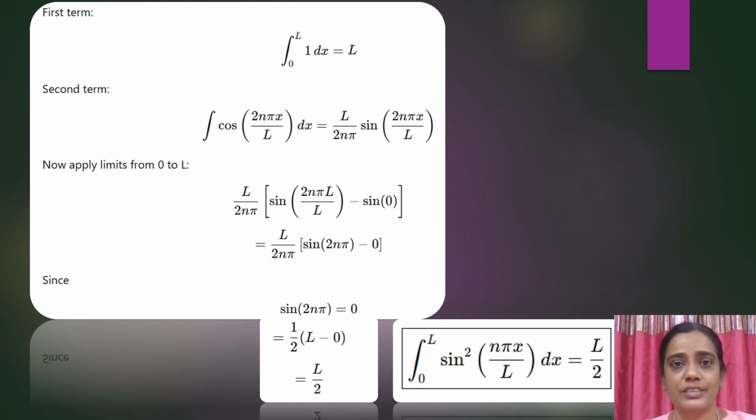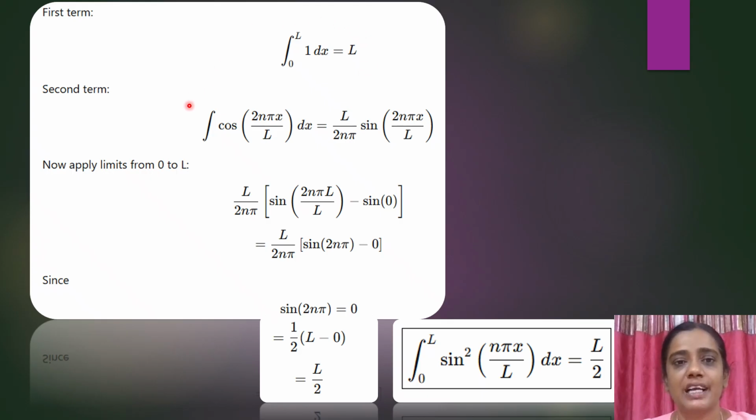Let us take the first term. What is the first term? It is integral over 0 to L of 1 into dx. When we integrate, we get x. When we apply the limits, upper limit minus the lower limit, we get L minus 0. The first term becomes L.